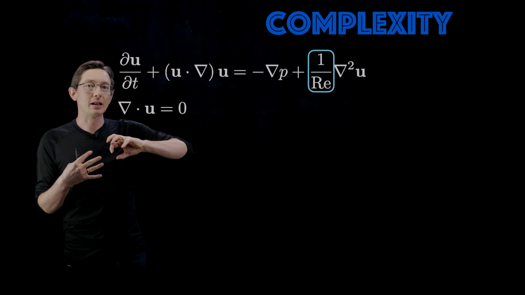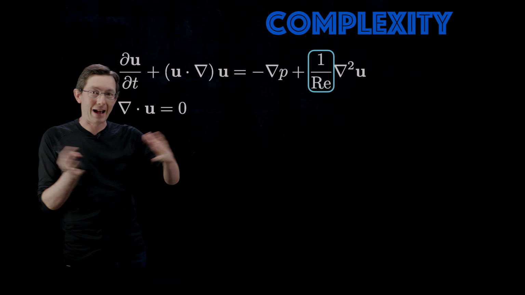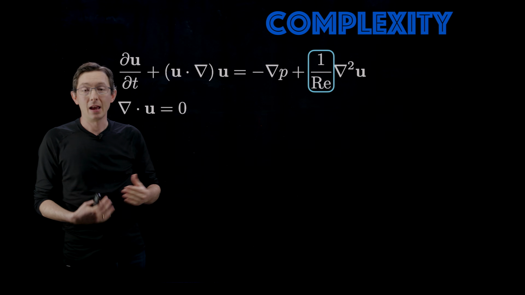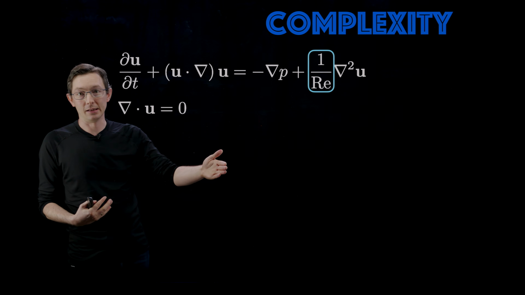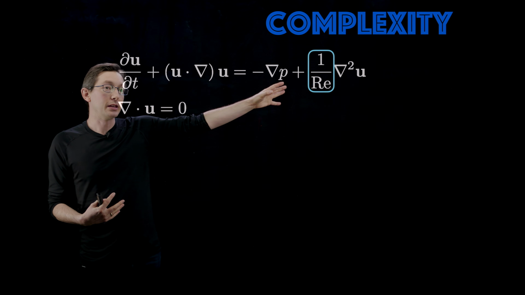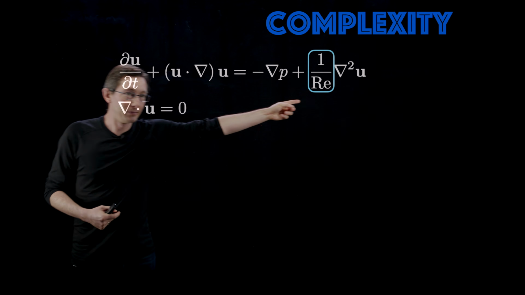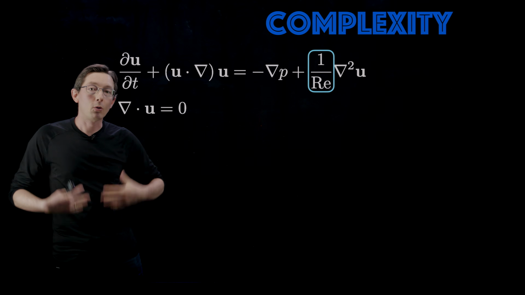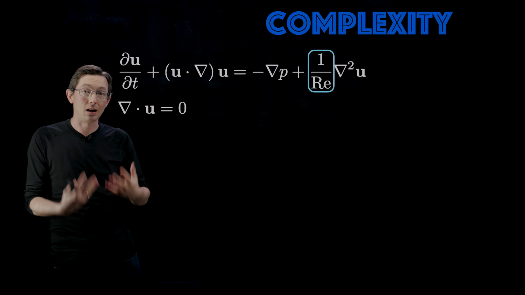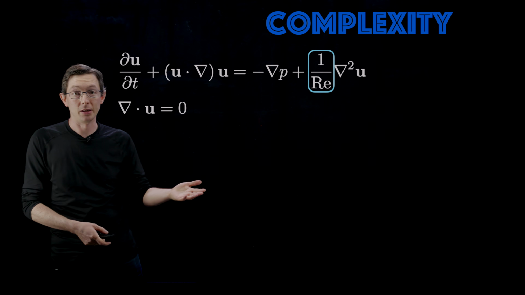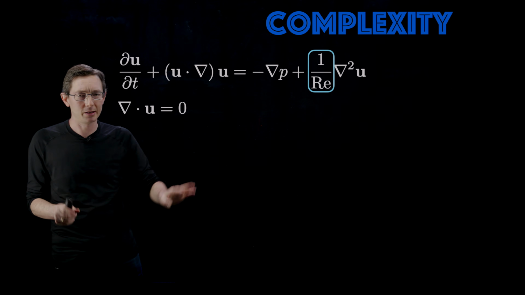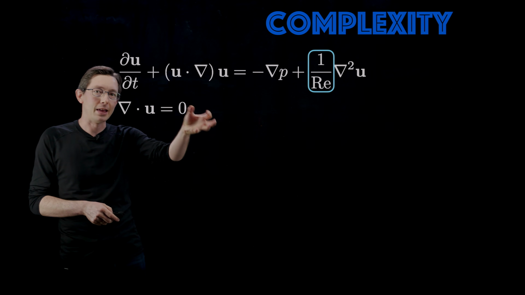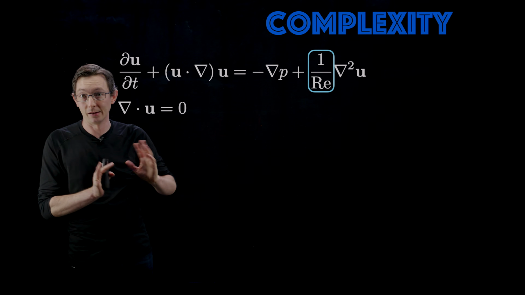So as your flow becomes either bigger or faster, roughly speaking, this Reynolds number increases, and the higher the Reynolds number is, the smaller the effect of viscosity, or rather viscosity acts on smaller scales, and you get more and more turbulent, complex, multi-scale behavior in your flow solution. Generally, I'm painting with really broad brushstrokes here. But the Reynolds number is this parameter that modulates the complexity of your flow.